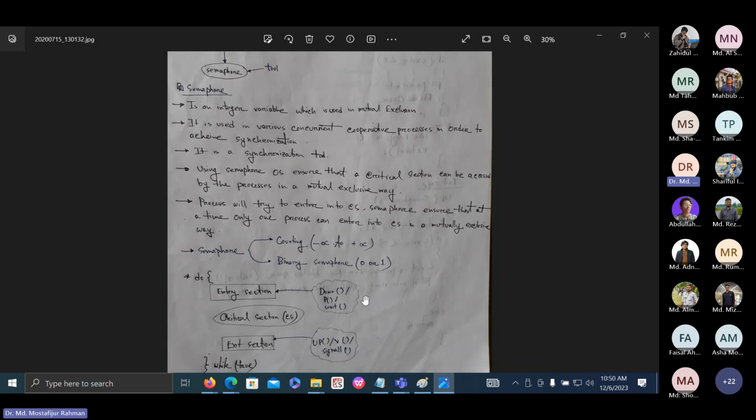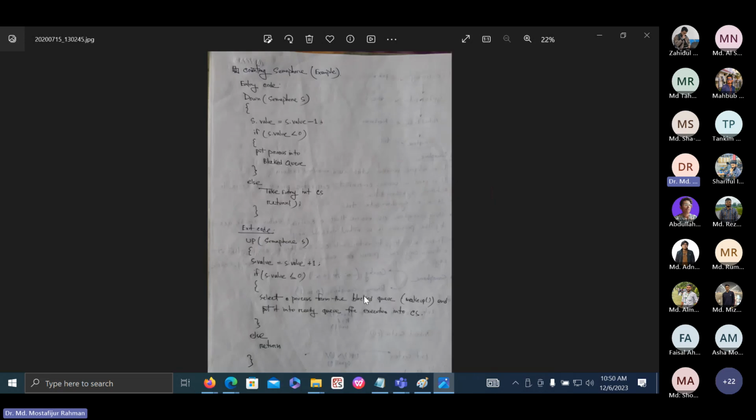Once the entry section is done, it accesses the critical section, then goes to the exit section and sends a reminder to the other processes: I already completed my execution in the critical section, it has free space, then you can access. Like this way, synchronization for the critical section is established.